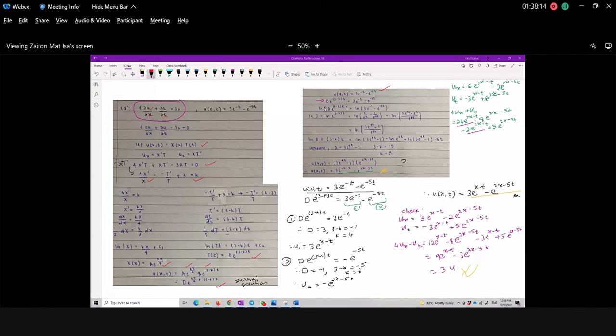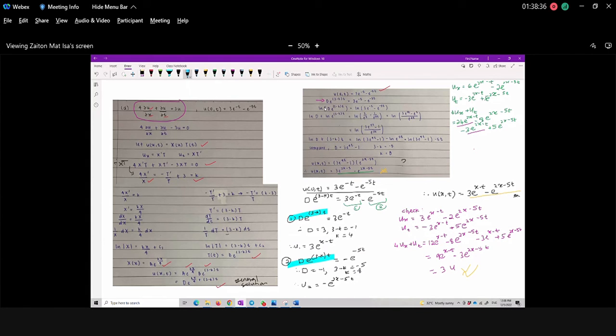So now our question is, which one is correct? If I check the one where I use the superposition principle, doing 1 and then 2, yes, we can prove that they satisfy 4ux plus ut equals 3u.